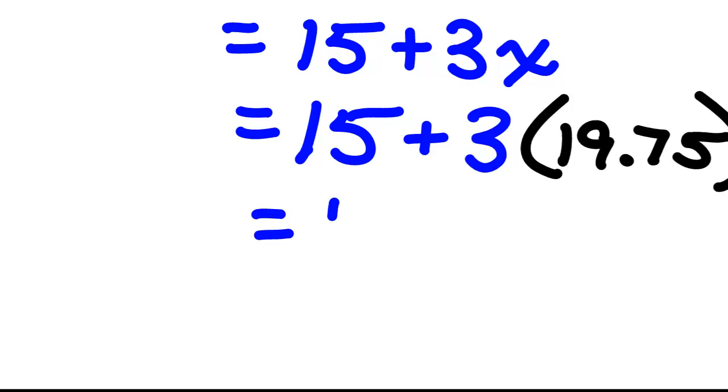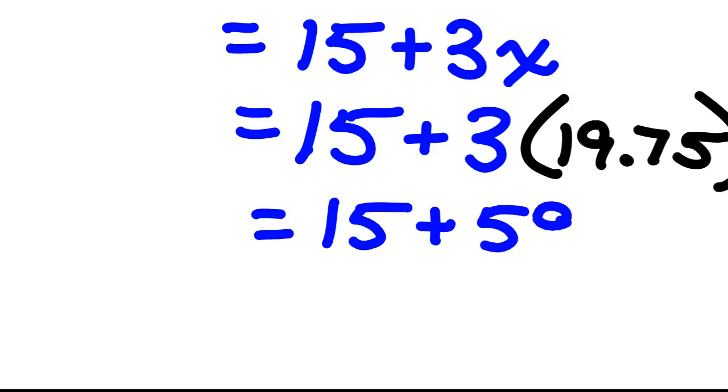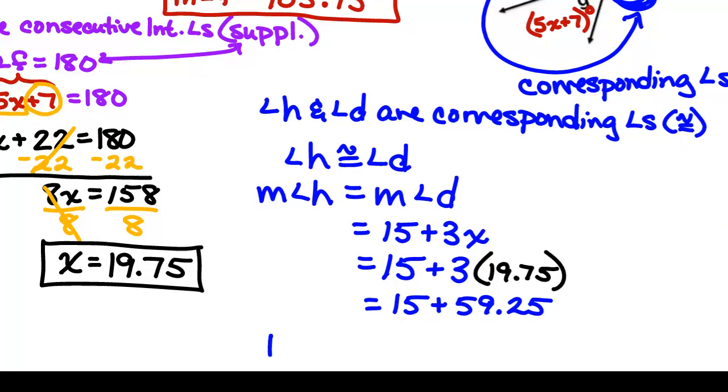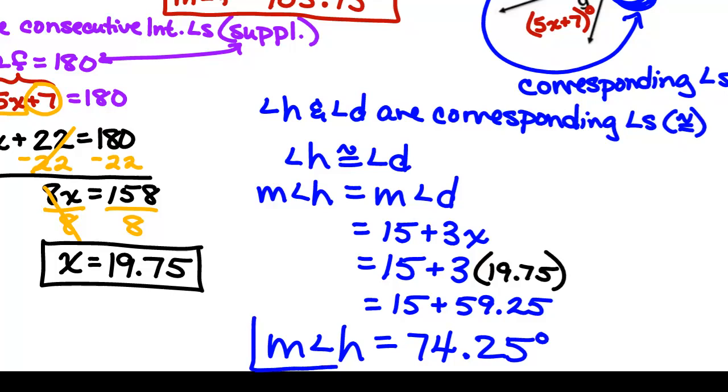What is 3 times 19.75? 59.25 plus 15. 74.25. That one gets a degree symbol with it because we found the measurement of an angle, angle H.